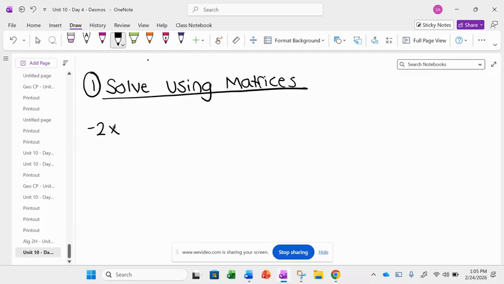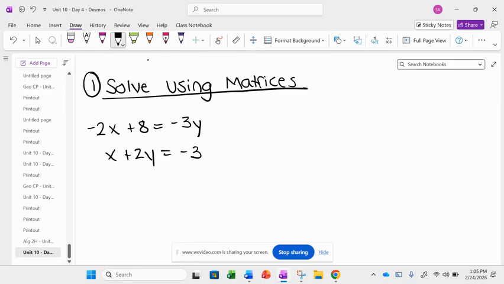I'm going to have negative 2x plus 8 equals negative 3y, and then x plus 2y equals negative 3. So we're solving using matrices. What does Cramer's use? Determinants, exactly.